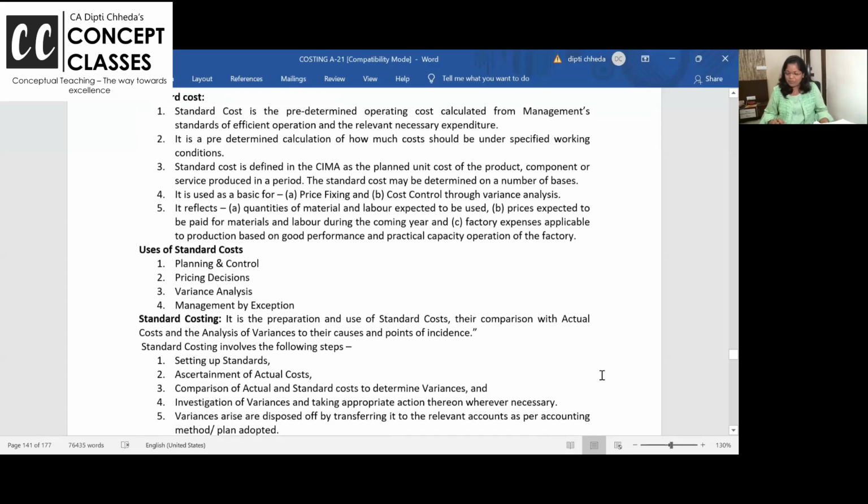Why is there a difference in material, why in labor, variable cost, fixed cost, sales. Standard we have decided how much we will sell, but actual is different, right? So now like this you have to analyze. Let us start with the standard costing now.